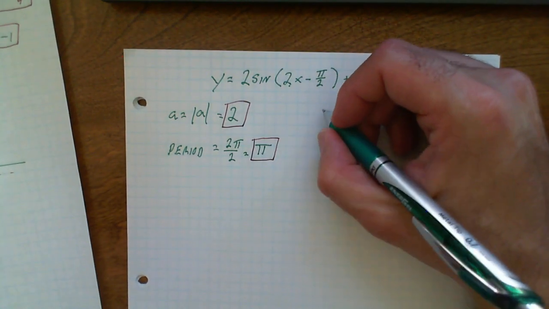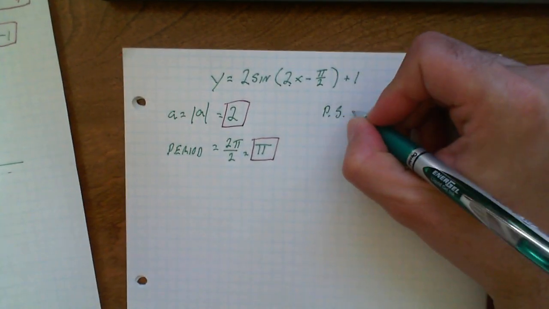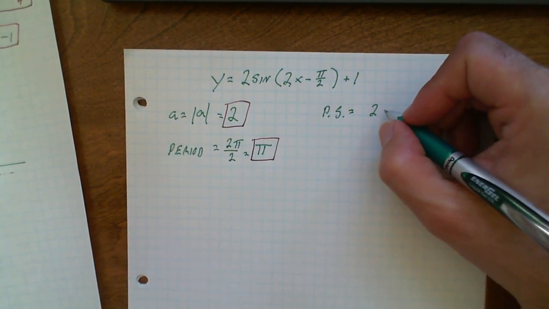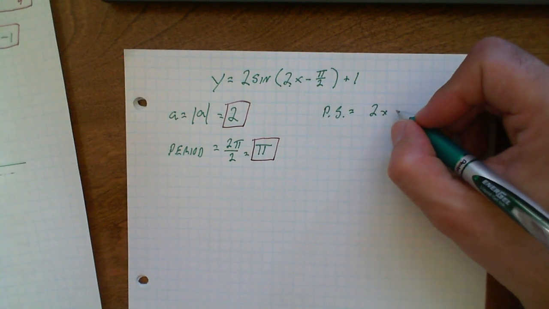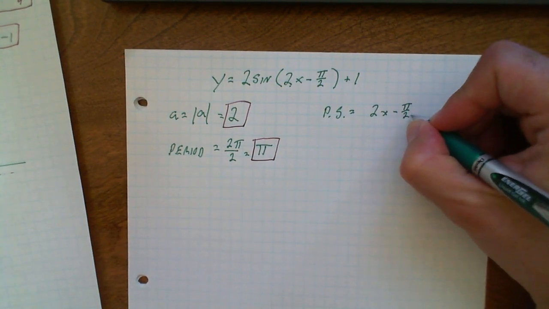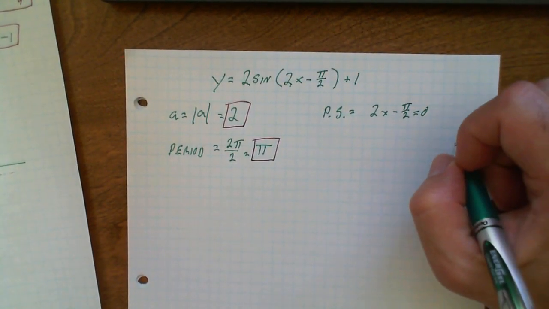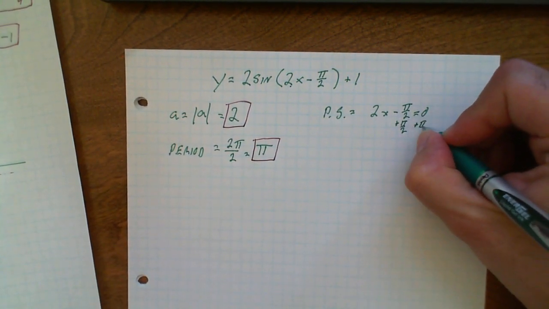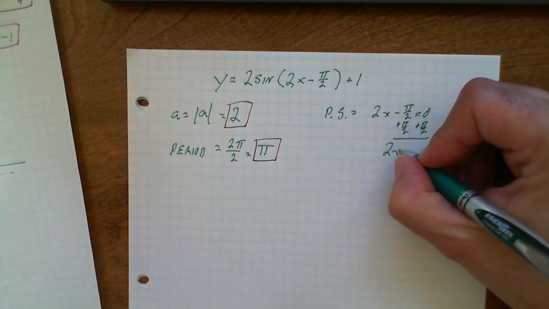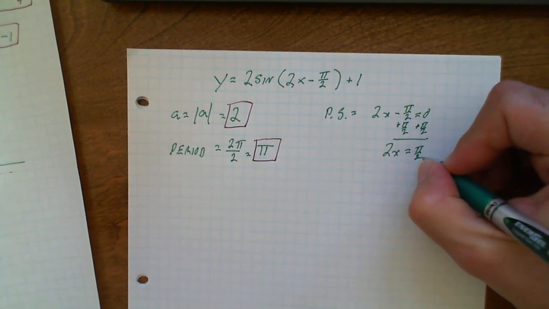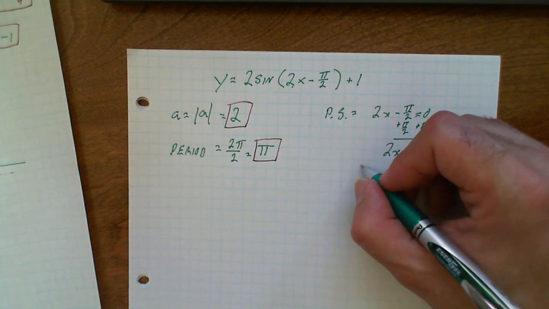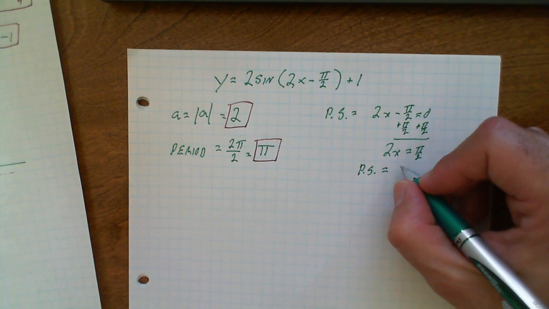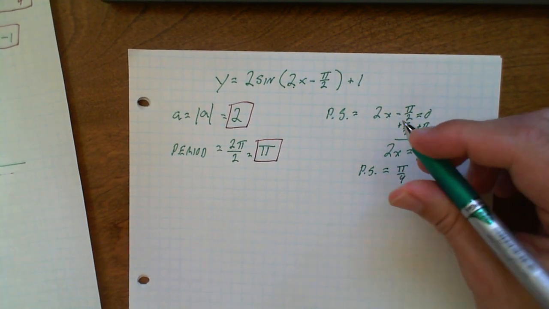Okay, my phase shift will be 2x minus pi over 2 equals 0, right? And we solve for x: plus pi over 2. We already did this one, but 2x equals pi over 2, divided by 2. And my phase shift will equal pi over 4.